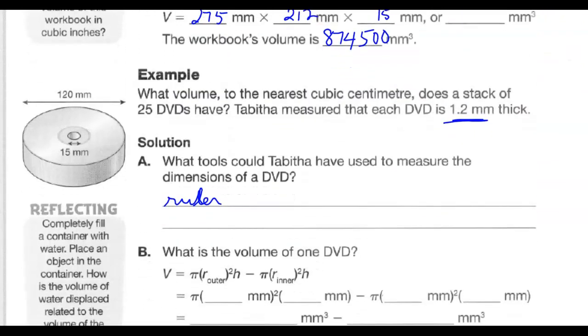Those are good for getting more accurate measurements, especially of small items. Calipers are good for anything that's rounded, because it's hard to tell. If you were to take a golf ball and try to measure the diameter, you kind of have to eyeball it, right? And so that's tricky. But if you had a caliper, you can fit it in there and it will measure it for you.